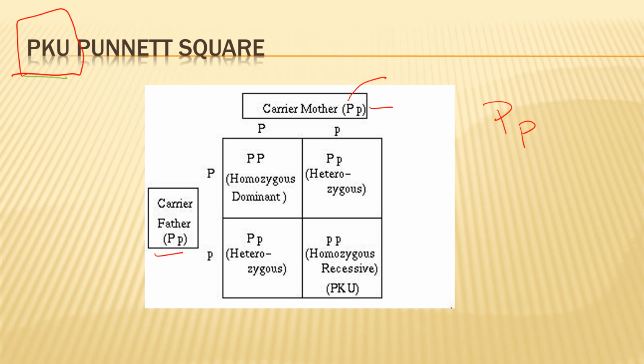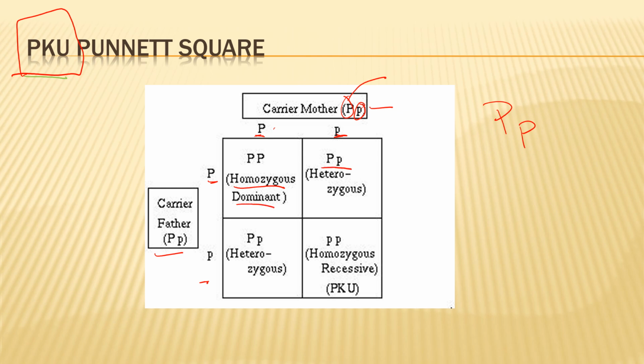So they are heterozygotes. They have one normal gene and one affected gene. So when they form gametes, the gametes are either going to have the normal or the affected one for both parents. So if the offspring gets both normal genes, they are homozygous dominant. They do not have the disorder.